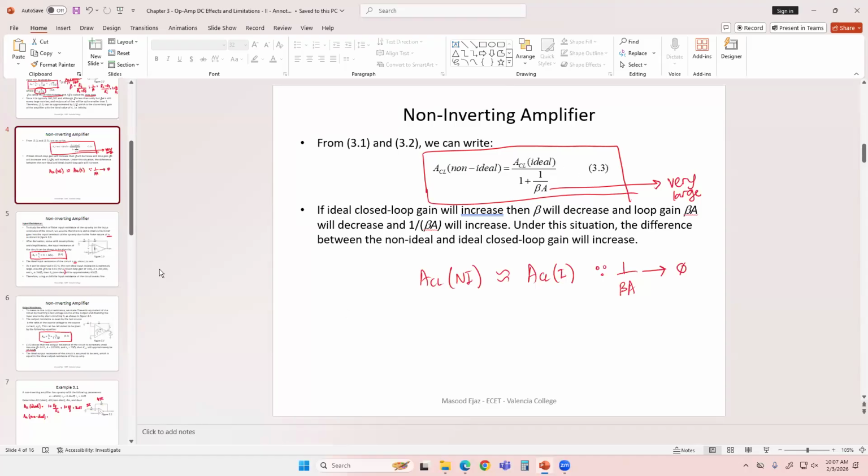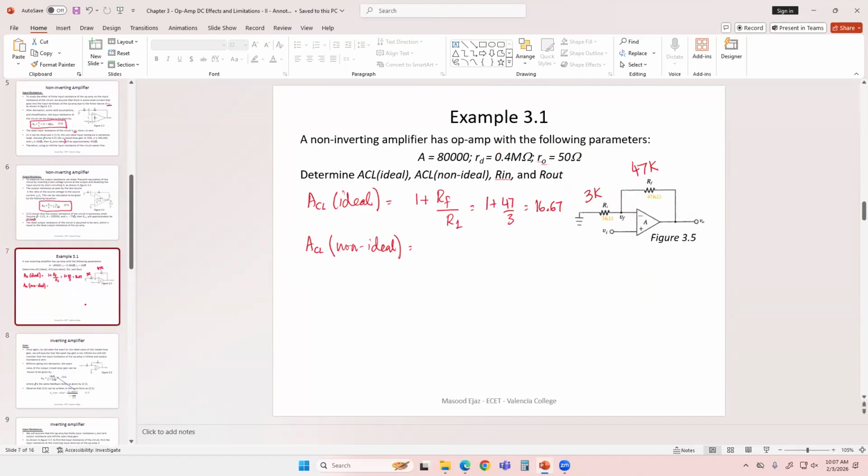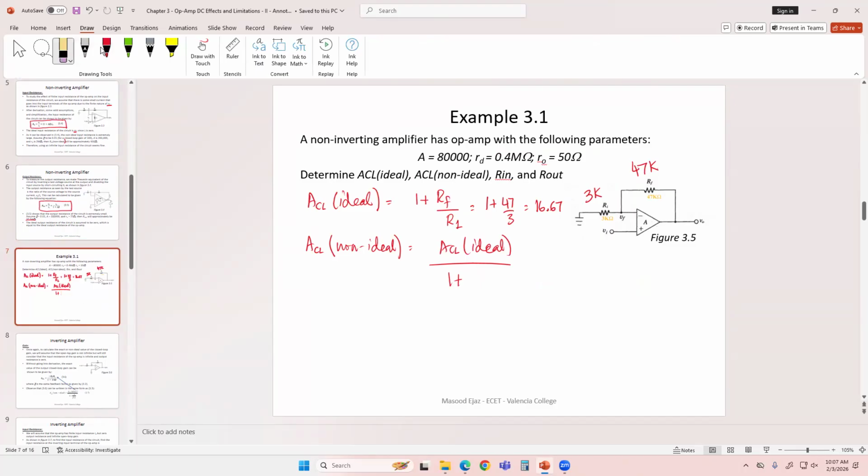ACL ideal over 1 plus 1 over beta A. ACL ideal is 16.67. A is 800,000, not 200,000. We're not using 200,000.